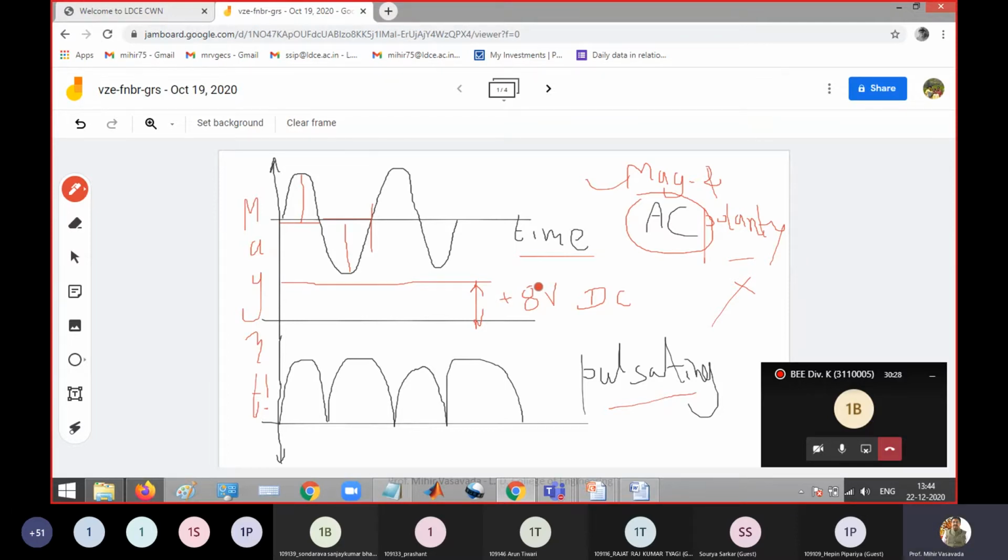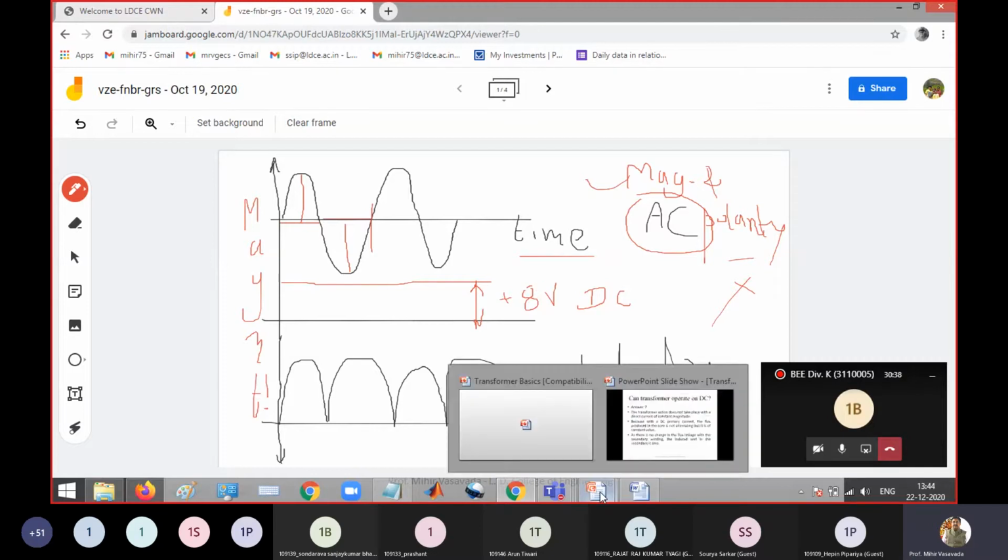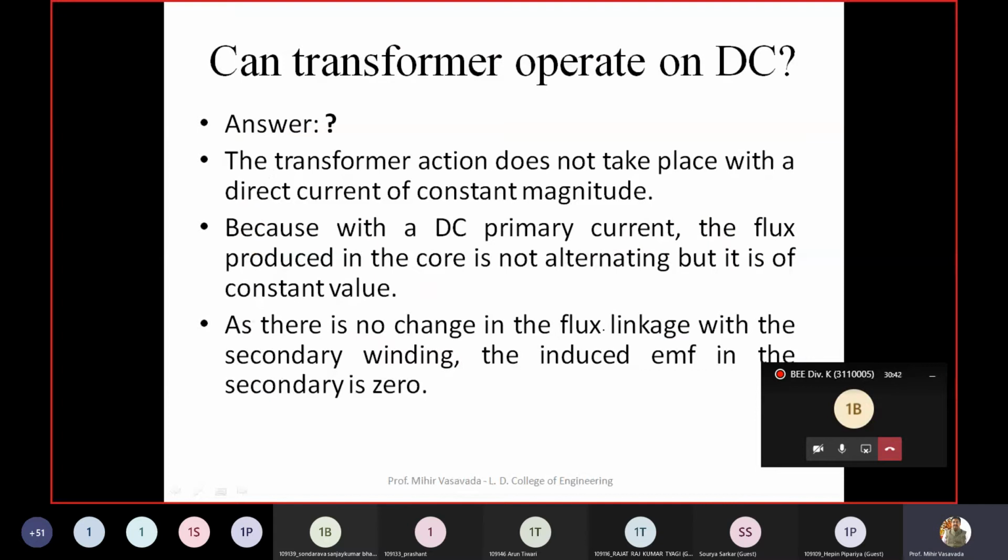So that flux will also link with the other winding, but it will not induce any EMF because only the time varying, the changing, can induce the EMF. Right.